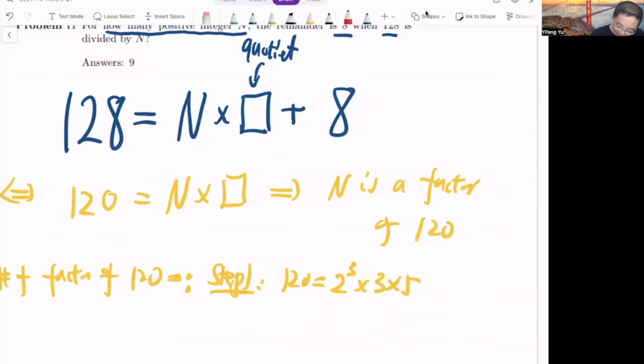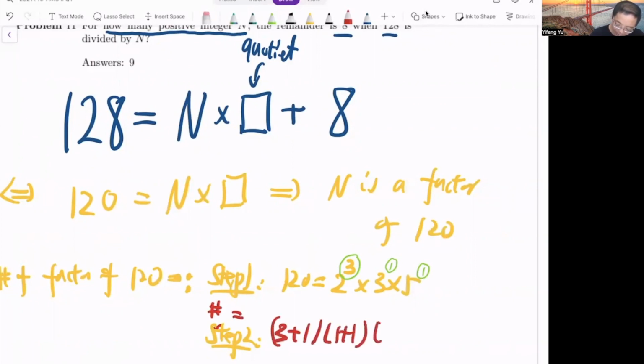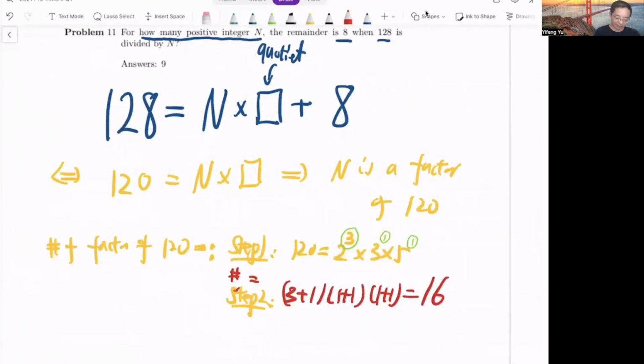And then step two, we apply the multiplication principle. We have the formula. You see here, the power is 3, here the power is 1, here the power is 1. Then the number of factors is 3 plus 1 times 1 plus 1 times 1 plus 1, which is 16.